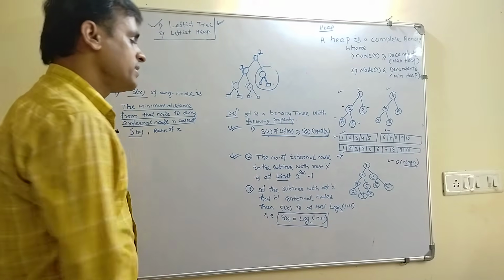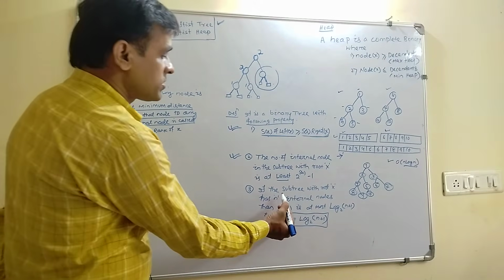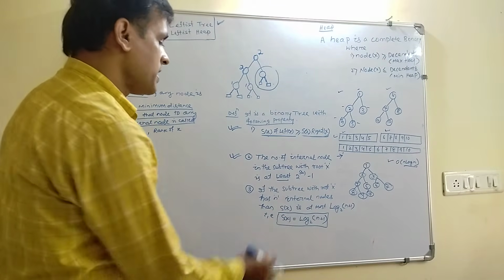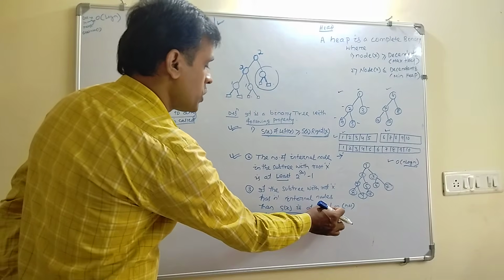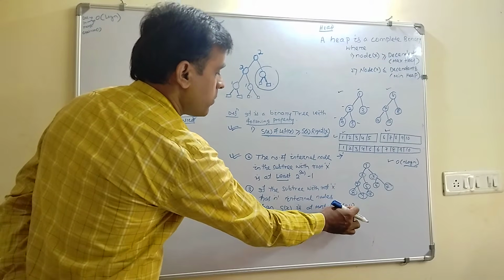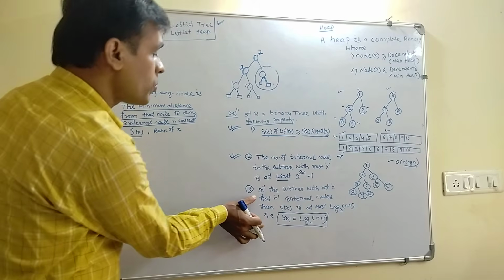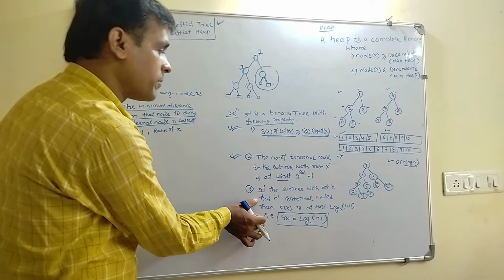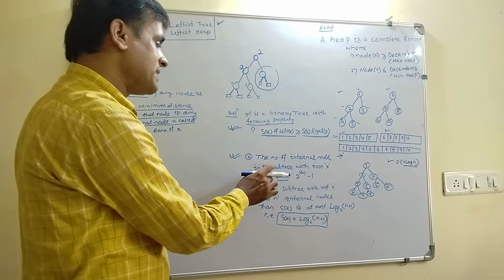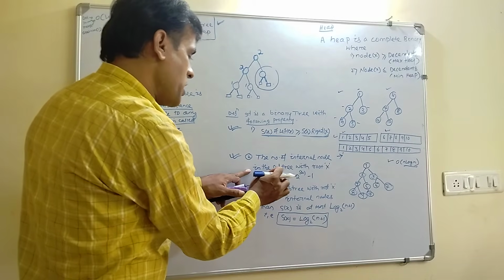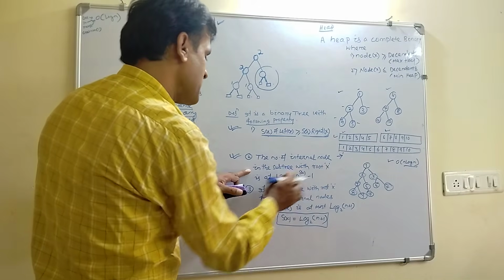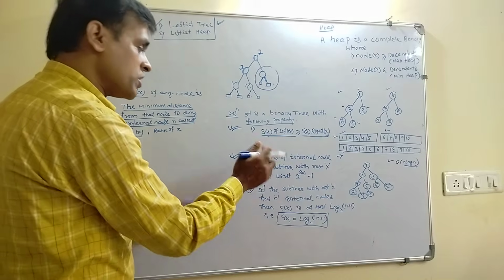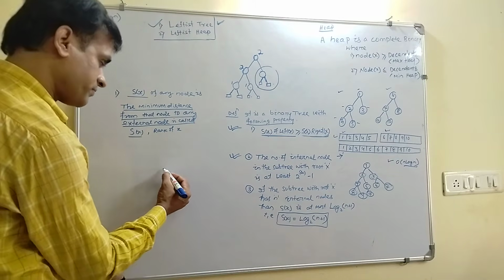The third property says that if the subtree with root x has n internal nodes, then Sx is at most log base 2 of n plus 1. So how could we prove this property? I say we have to prove the third property from the second property. What does the second property say? The number of internal nodes in the subtree with root x is at least 2 to the power Sx minus 1. Already we have proved it. Suppose the number of internal nodes is n.